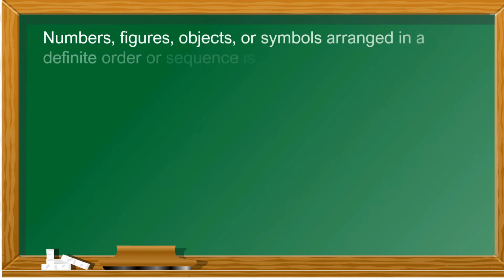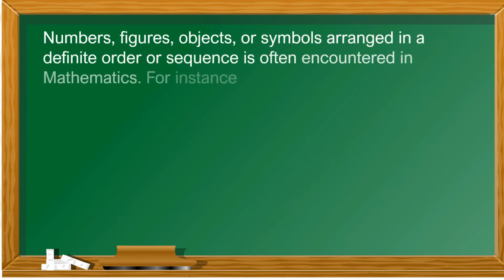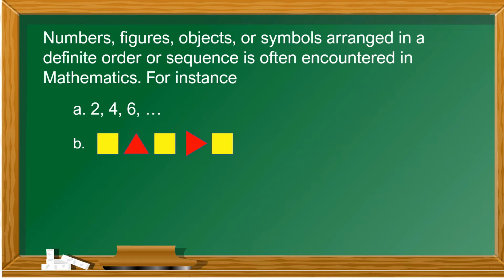Numbers, figures, objects, or symbols arranged in a definite order or sequence are often encountered in mathematics. For instance, letter A: 2, 4, 6. Letter B: we have square, triangle, and square.